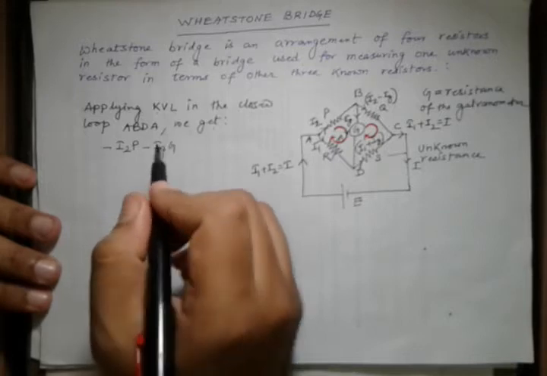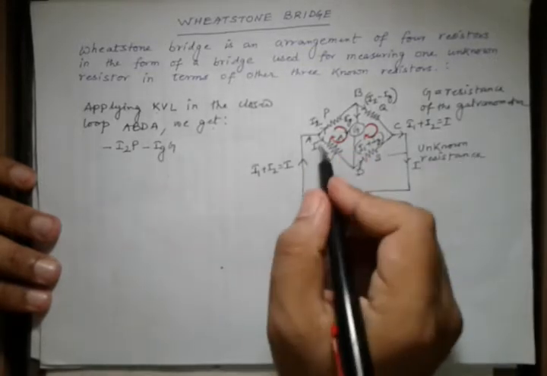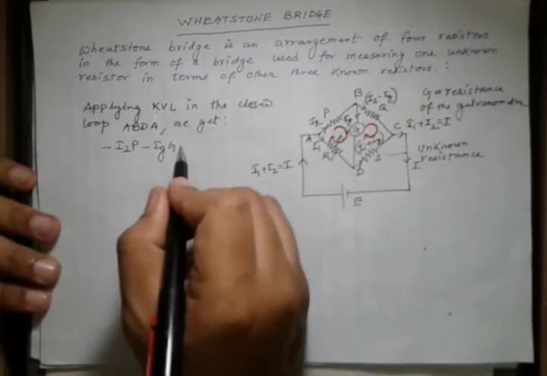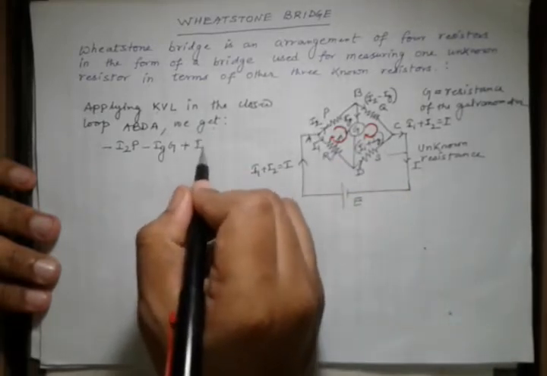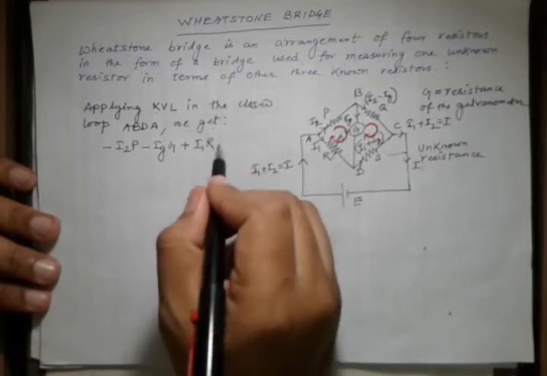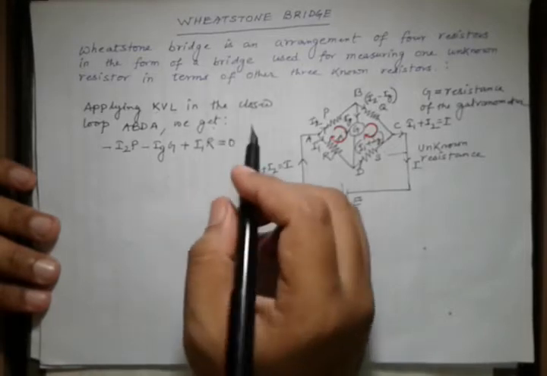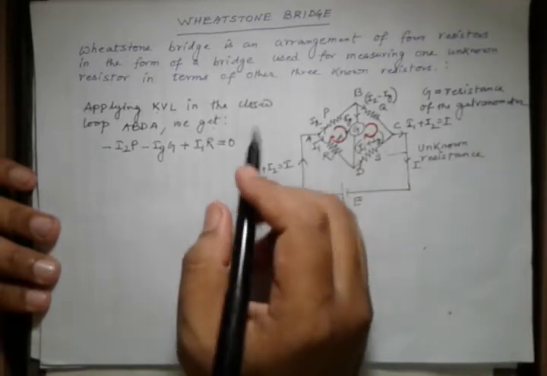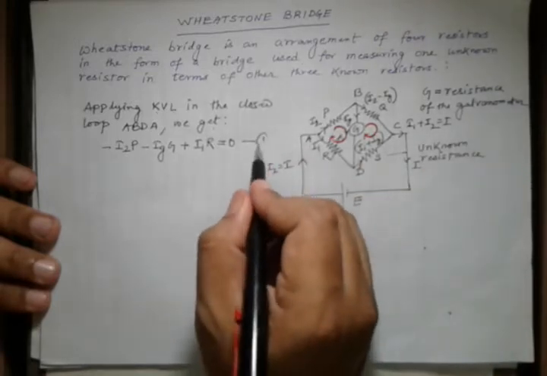Then here the current is going in this direction and the loop is going in the opposite direction, so it will be plus I1 into R, equal to 0. This is my equation, and already I told you G is the resistance of the galvanometer. This is equation number 1.